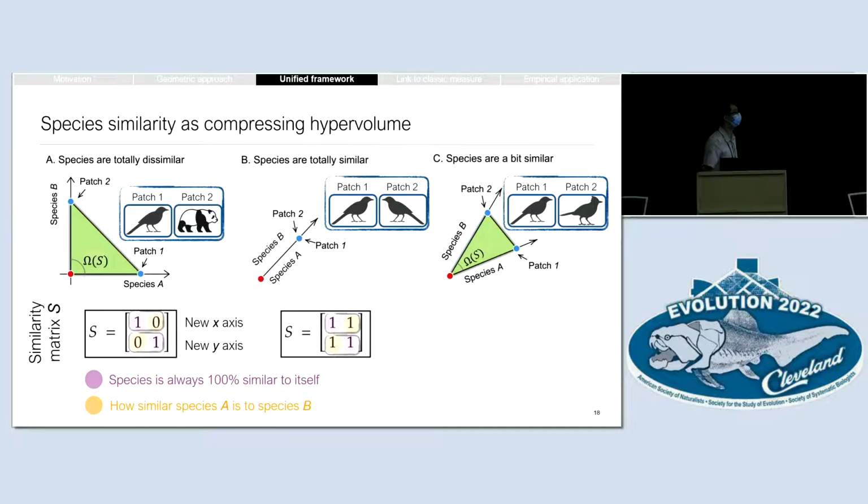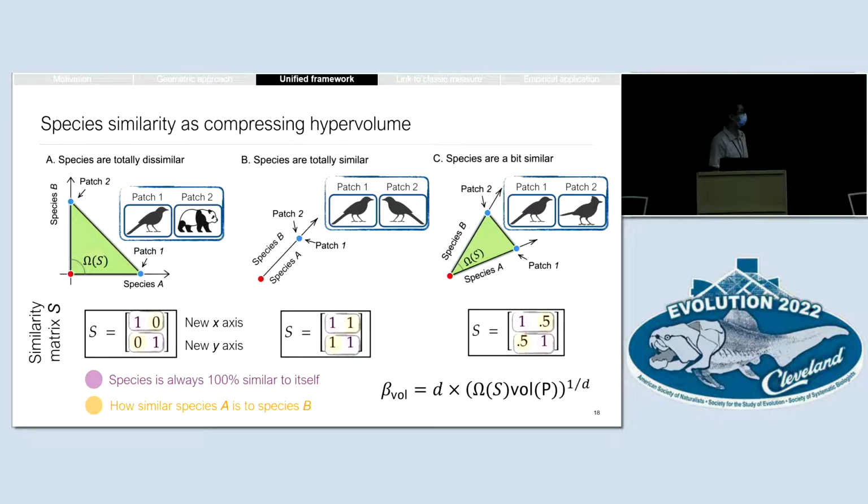Of course, for real communities, they are neither totally dissimilar nor totally similar. For example, we consider species a bit similar. Just as an example, suppose they're 50% similar. Then in this case, we again consider these two row vectors as the new axes. We can see now the x-axis becomes this vector, the y-axis becomes this vector, and the hypervolume is compressed a bit.